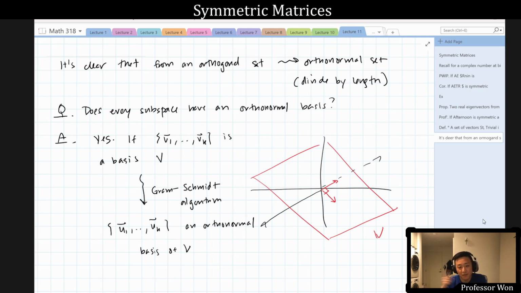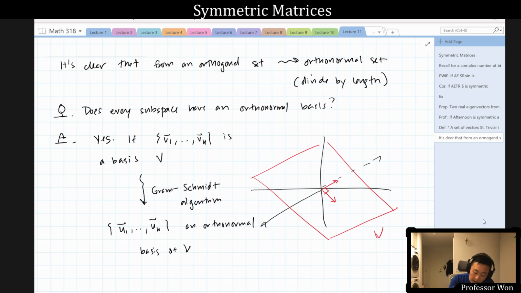You just subtract off projections. It's a thing that you could understand geometrically, and the algorithm is not so hard. But the point is that every subspace has an orthonormal basis, and you can compute it easily if you have a basis. You just run this algorithm, and it spits out an orthonormal basis.